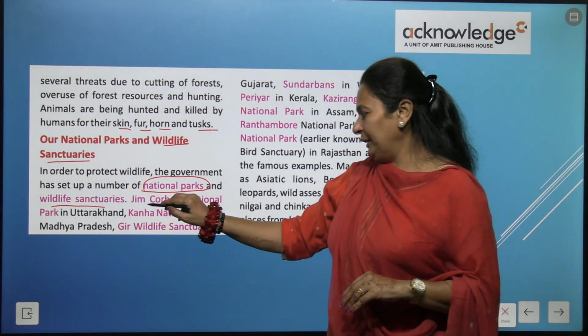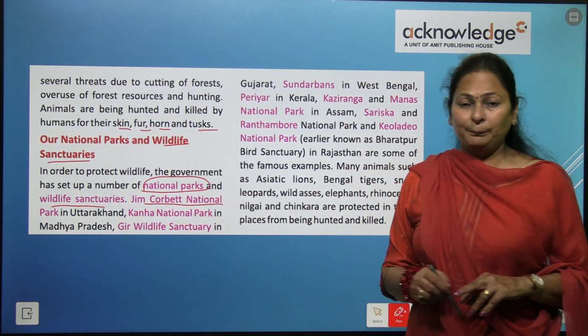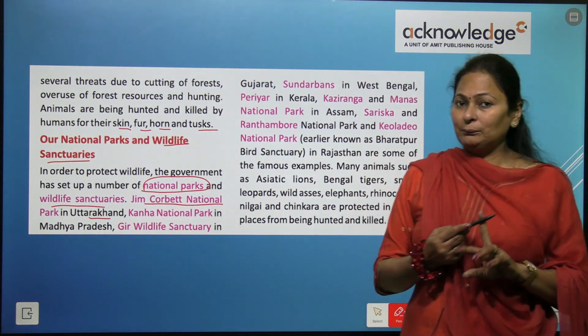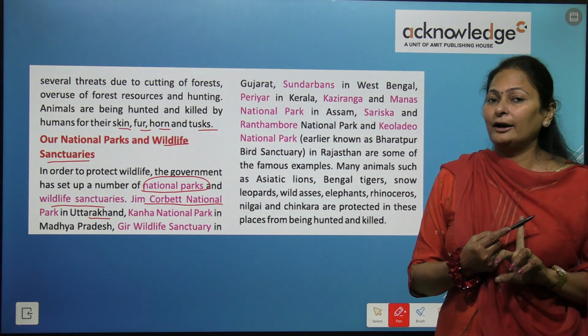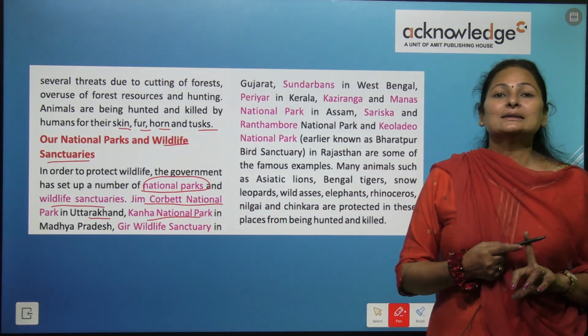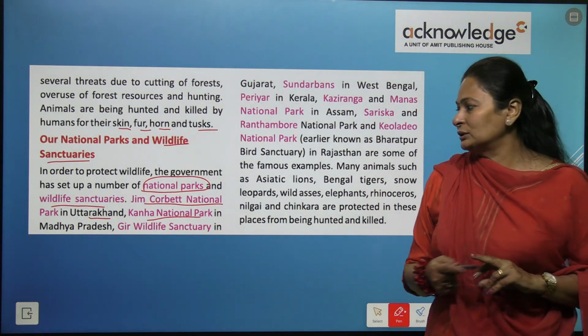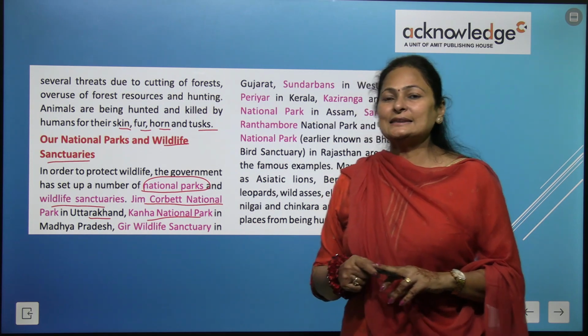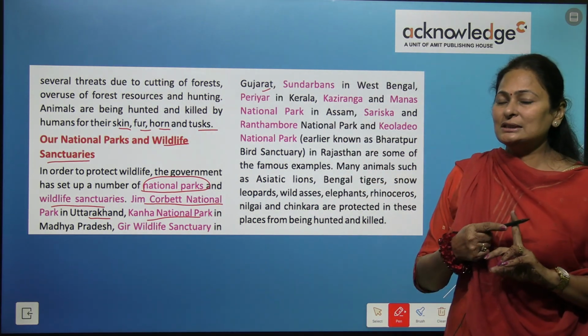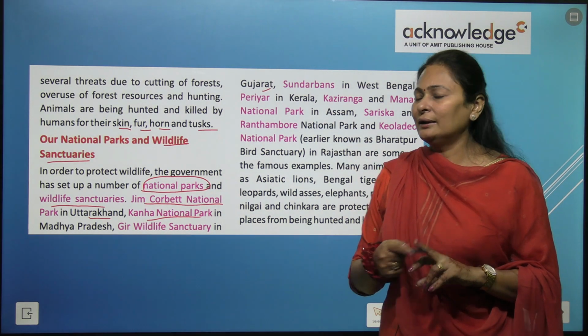Now remember, repeat this. Jim Corbett National Park is in Uttarakhand. Now Kanha National Park is in Madhya Pradesh. Gir Wildlife Sanctuary is in Gujarat. Sundarbans, we have just learned the Sundarban Delta, right?